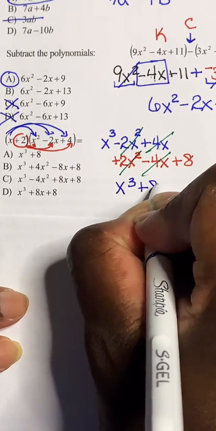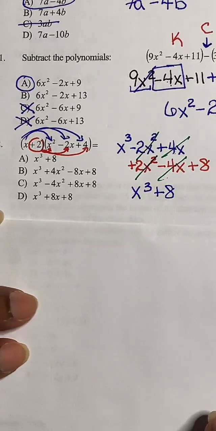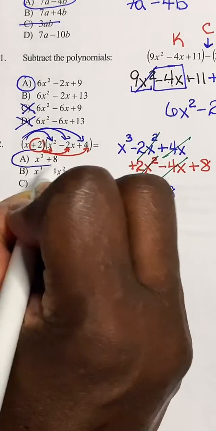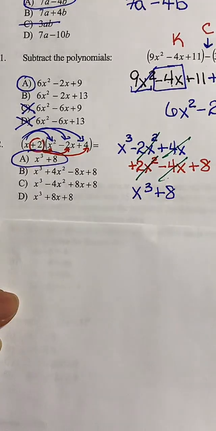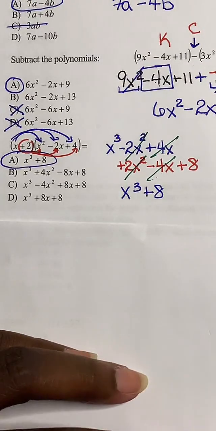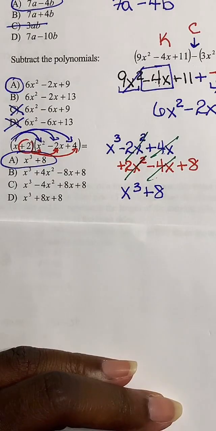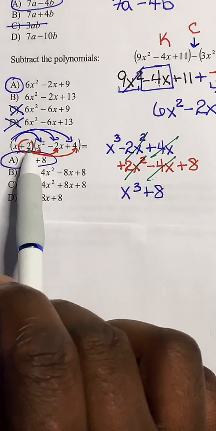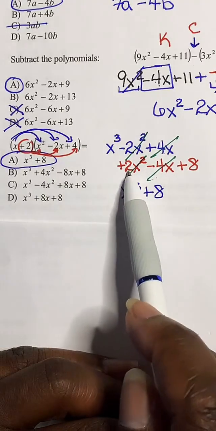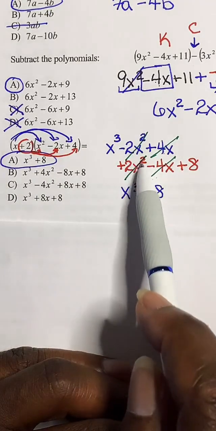They cancel out, including the x's, okay? So the only things that are left are my x cubed and my plus 8. Answer choice A.